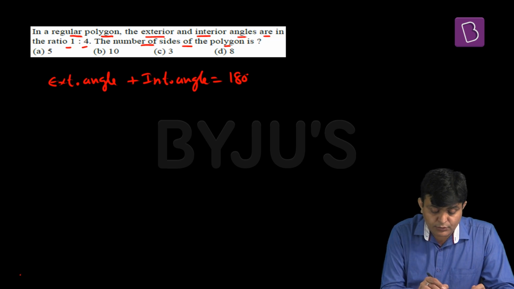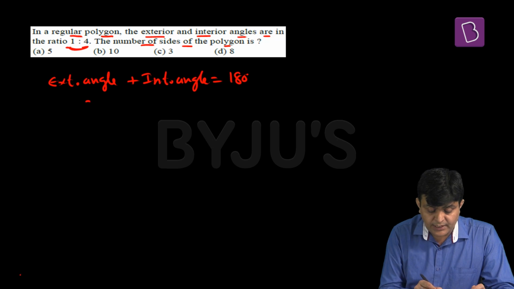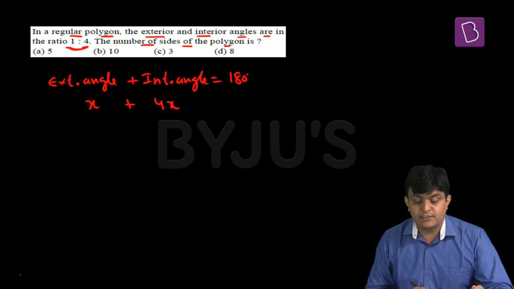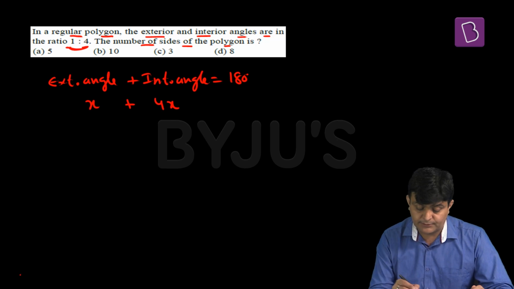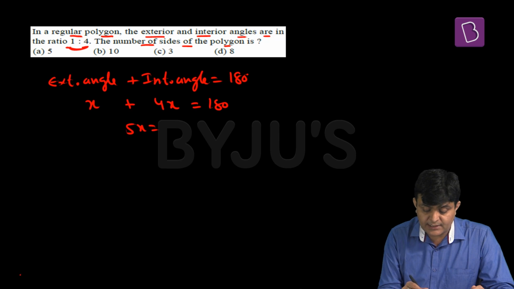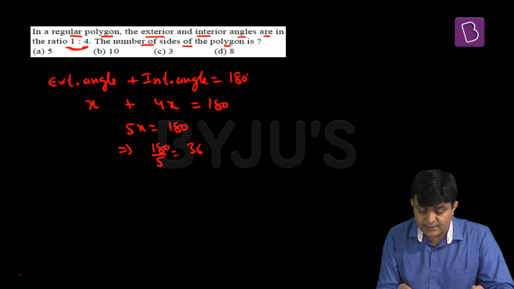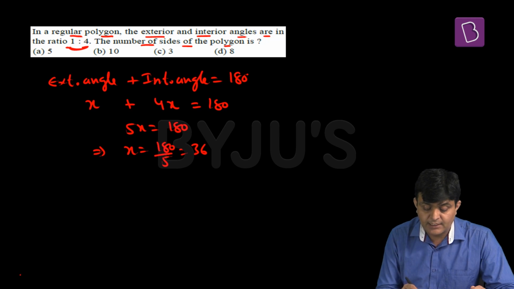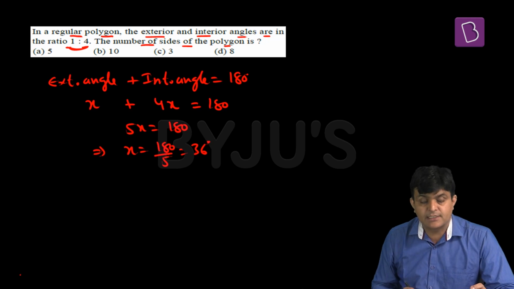We are given that the ratio is 1:4. If the external angle is x, then the internal is 4x. Interior or internal angle is the same thing. The sum is 180, so 5x is 180. This implies x is equal to 180 by 5, that is 36, and x is the external angle, that is 36 degrees.